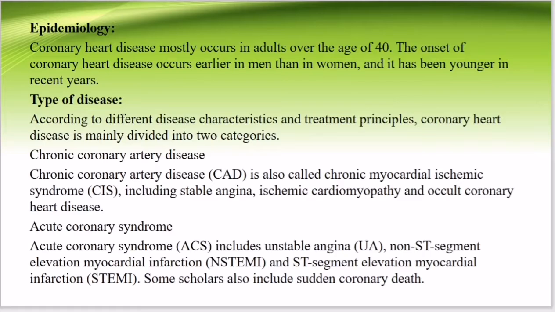Type of disease: according to different disease characteristics and treatment principles, coronary heart disease is mainly divided into two categories: chronic coronary artery disease, including stable angina and ischemic cardiomyopathy, and acute coronary syndrome. Acute coronary syndrome includes unstable angina, non-ST-segment elevation myocardial infarction, and ST-segment elevation myocardial infarction.